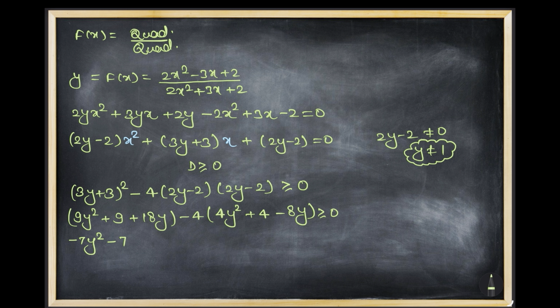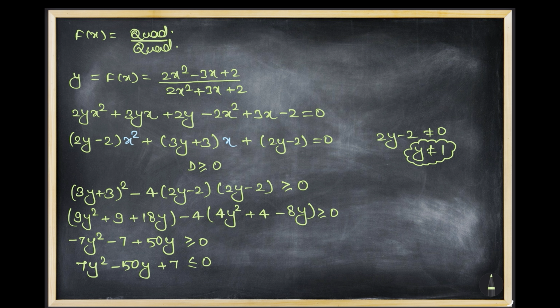Then we have 32y and 18y, so plus 50y greater than or equal to 0. Now I will multiply by minus 1, then the sign of inequality will change. So 7y square minus 50y plus 7 less than or equal to 0.